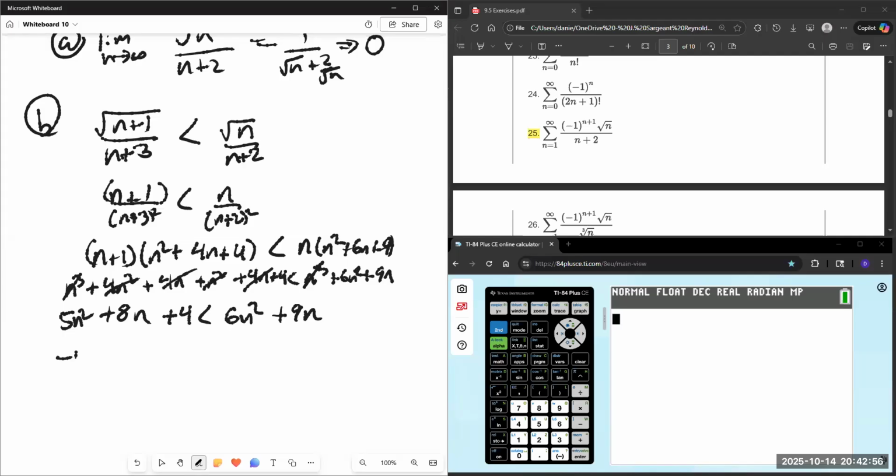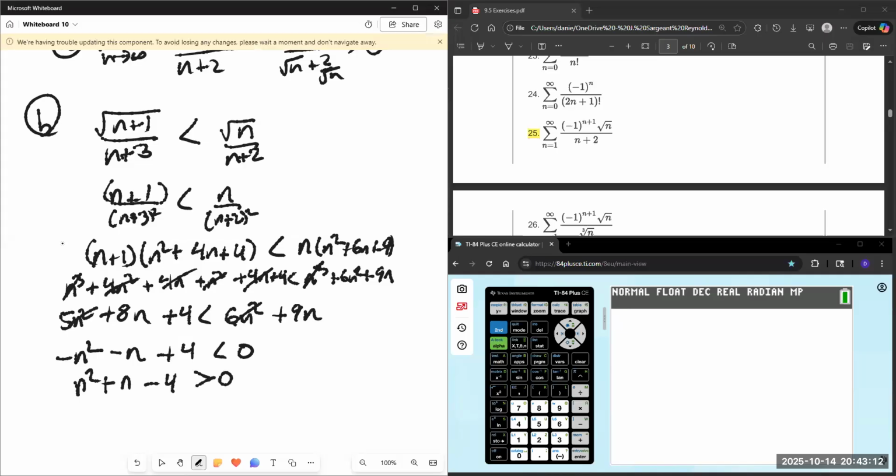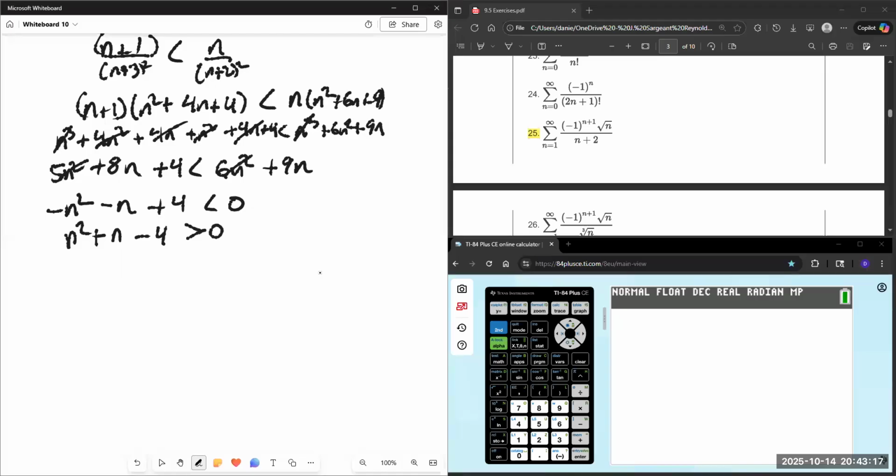So negative n squared minus n plus 4 less than 0, so n squared plus n minus 4 greater than 0. And that's going to be, let's look for where n squared plus n minus 4 is equal to 0.